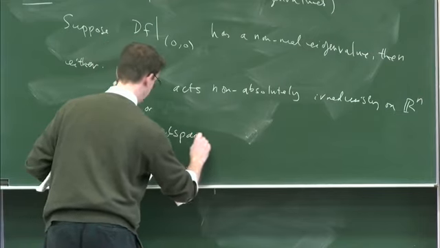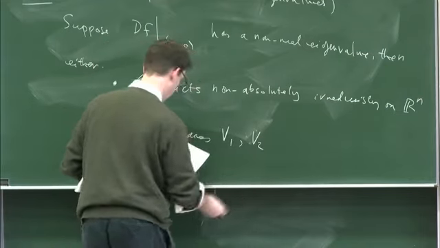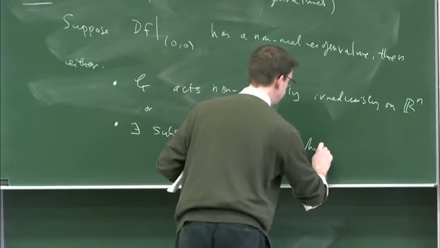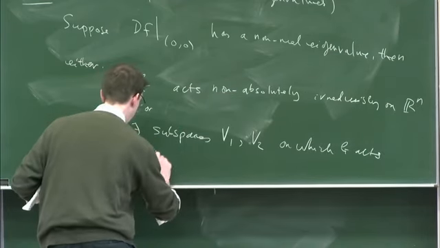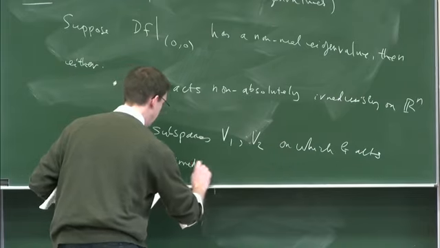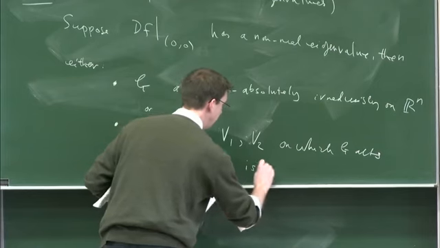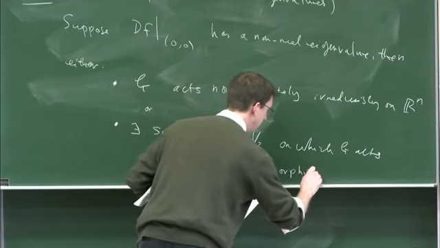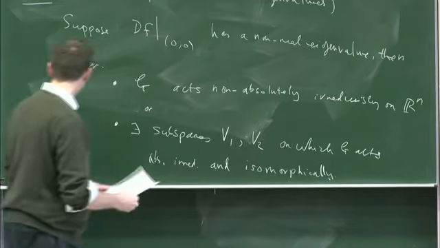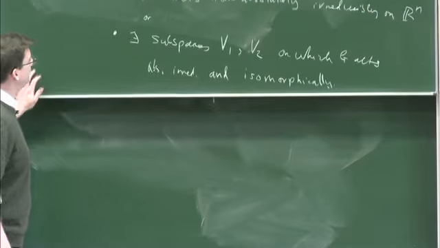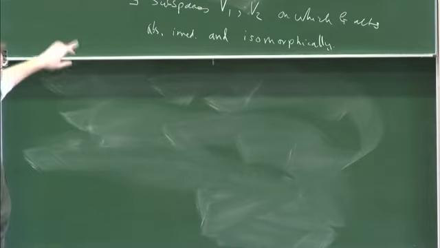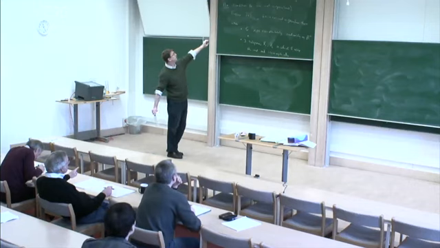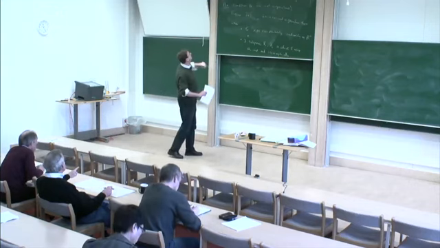there exist subspaces V1 and V2 on which G acts absolutely irreducibly and isomorphically. So this is a slightly curious statement. It either says we have a case where... You want to say irreducibly, but not absolutely irreducibly in the first alternative?